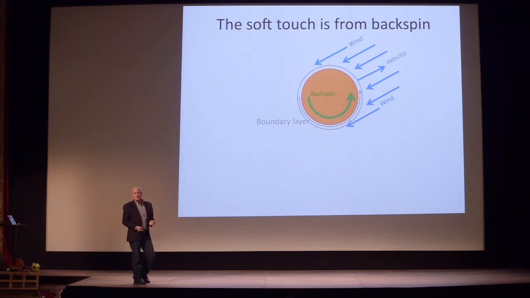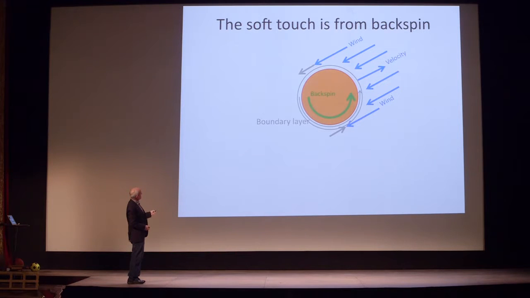Okay? You understand? So now, let's just take a look at the top of the ball over here. The arrow, if you follow it around, is pointing to the left. Okay, so the velocity of the air in this part of the boundary layer is to the left, and the velocity of the air in this part of the boundary layer down here is to the right. Okay?